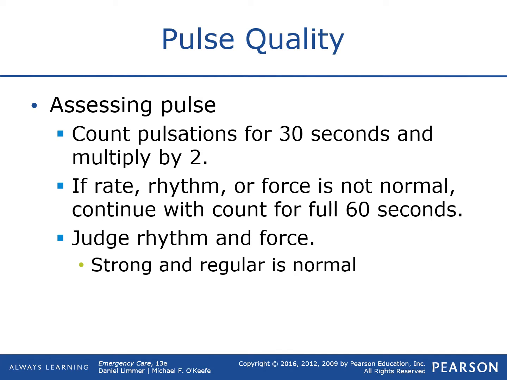And you might see some more experienced providers counting for less than 30 seconds. As far as you guys go for being in class, 30 seconds is our standard. We don't want to go below 30 seconds because we really want a good picture of that pulse. Just because you see other experienced people doing it doesn't mean that you should be doing that quite yet.